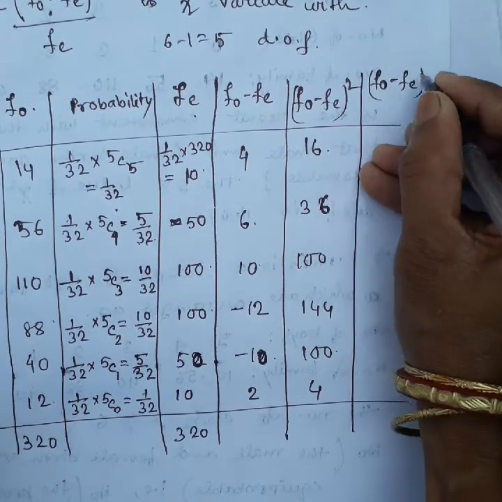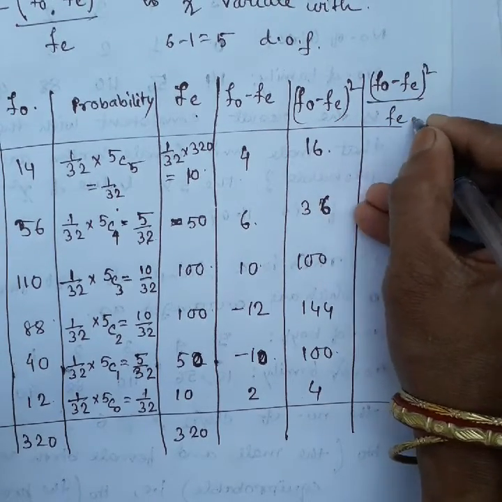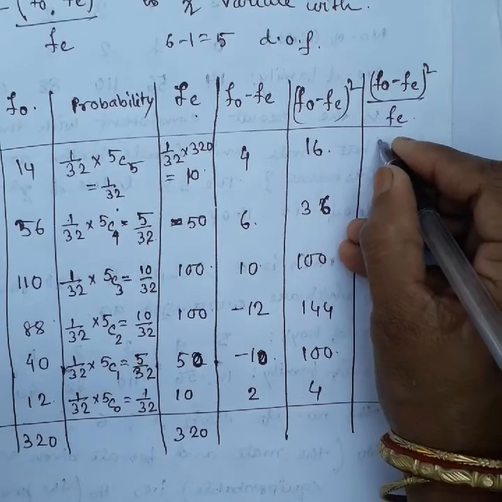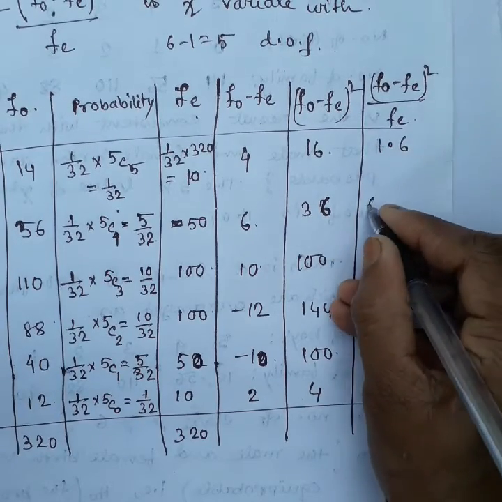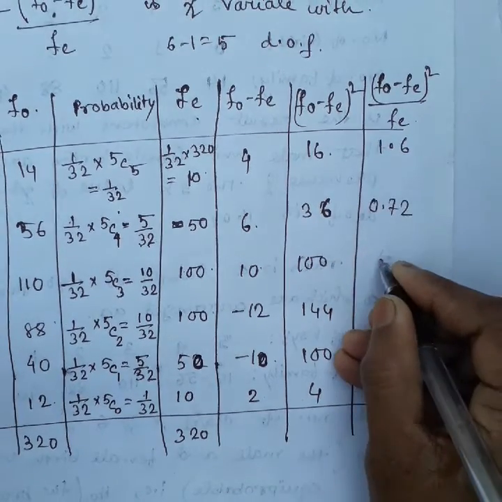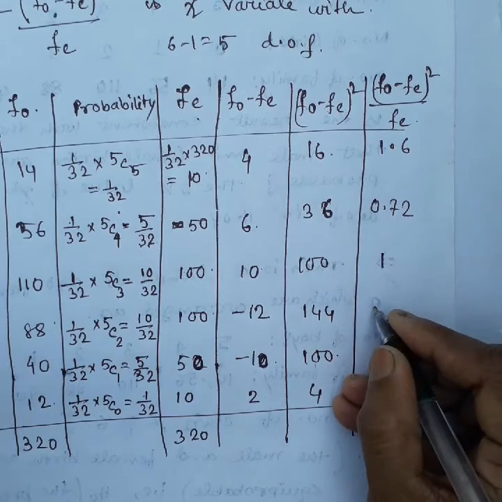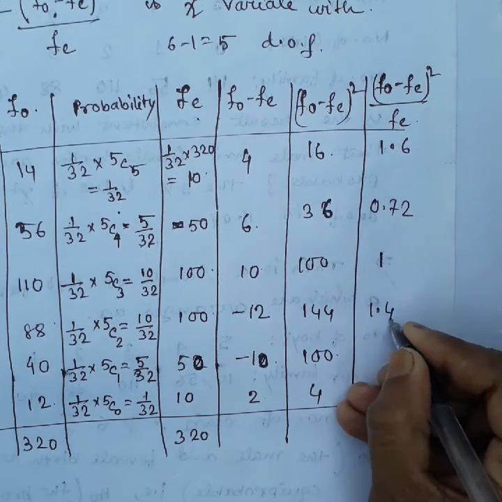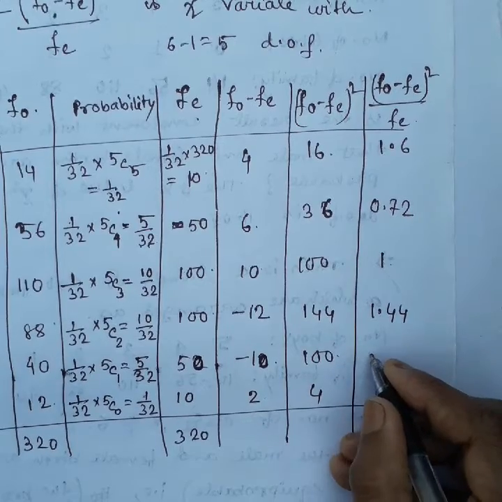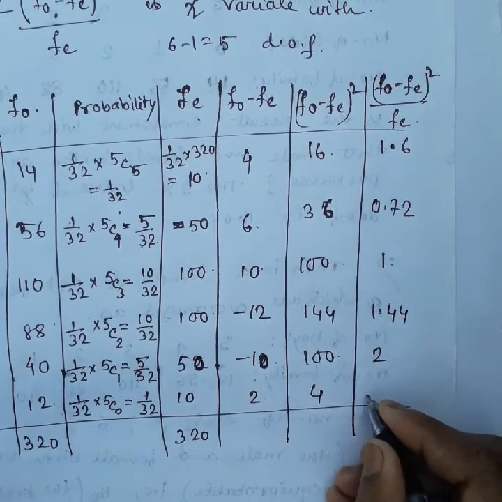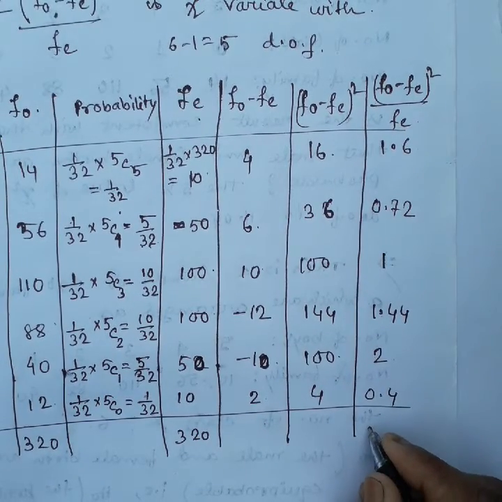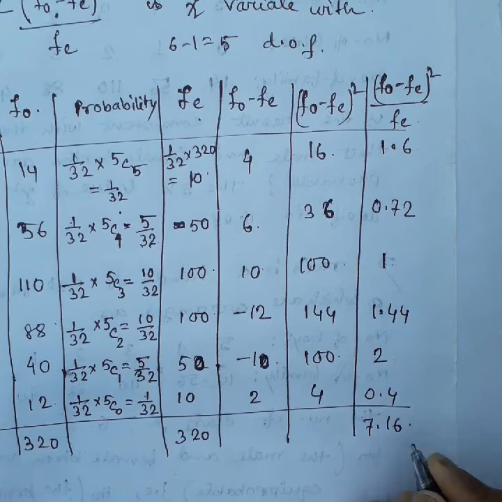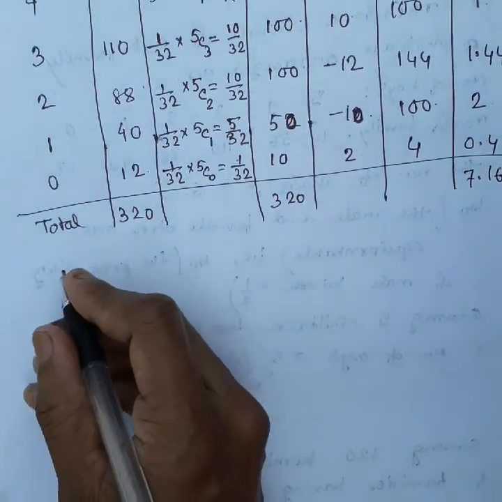(FO minus FE) whole square by FE, this is 1.6, 0.72, this is 1, 1.44, this is 2, this is 0.4, this value is 7.16.